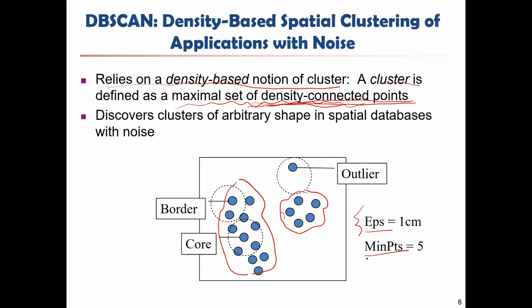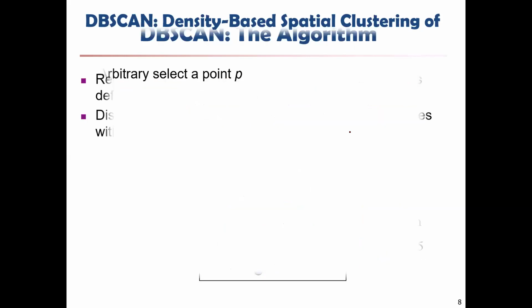Every decision I make will be based on these two parameters. That is some kind of disadvantage of this method, but not really a big one. You can call it a caveat of this algorithm, and it helps us discover arbitrary shapes as clusters.